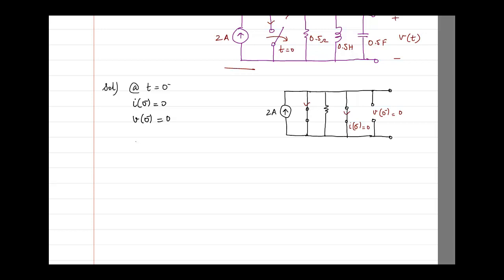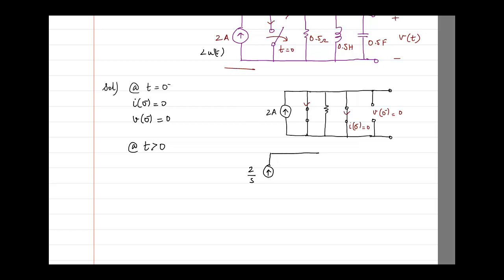Now when the switch is open, at t greater than 0, what is the circuit going to look like? Here we have a current source of 2 amperes. We write this as 2u of t, and the Laplace transform of 2u of t is 2 by s.